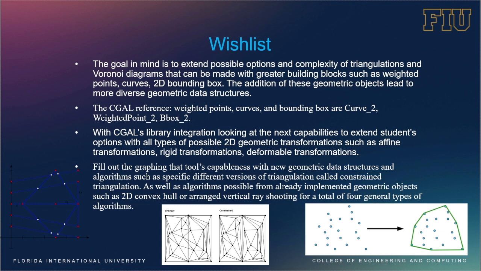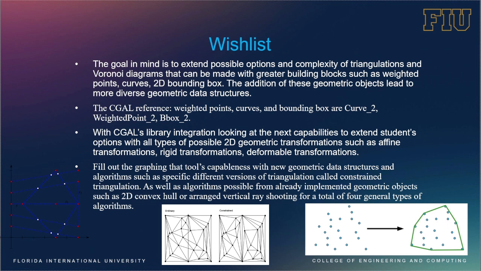And then we also want to integrate some of the more complex things that the Seagull library has, and some of that is geometric transformations. There are three types of basic transformations that can be done: the affine, the rigid, and the deformable.